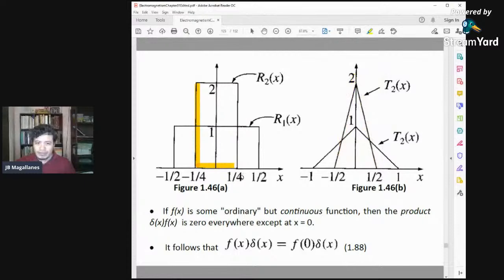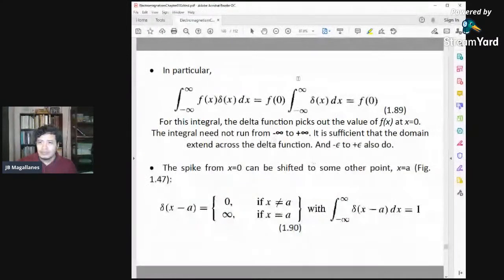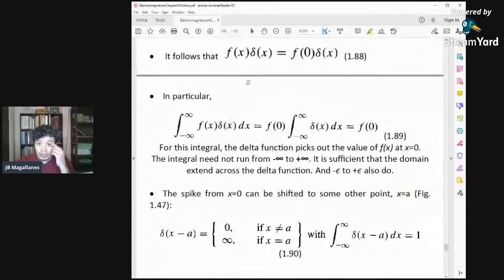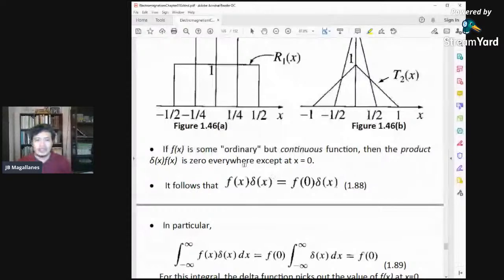One property of the Dirac delta function is that when you multiply it with another function, say f of x, this is always equal to f of 0 times delta x, because delta x is 0 everywhere except at one point, in this case x equal to 0.